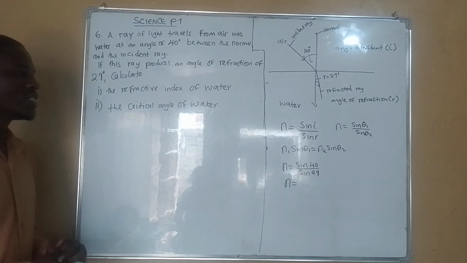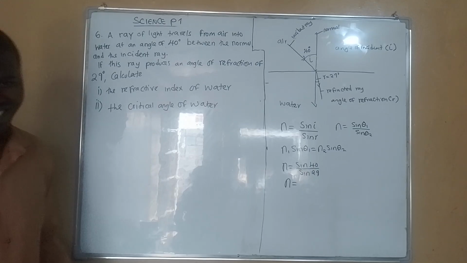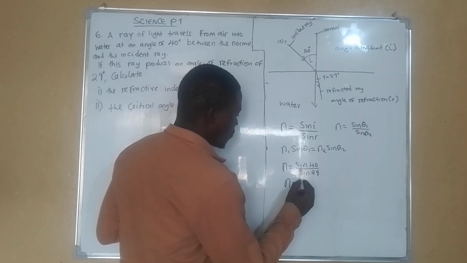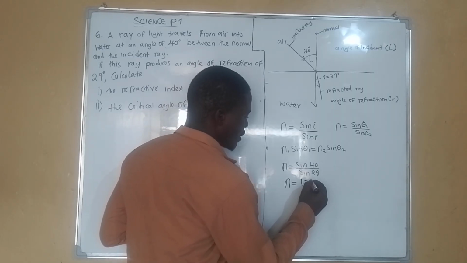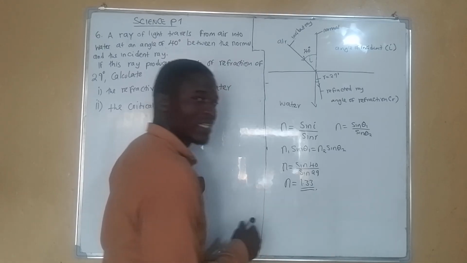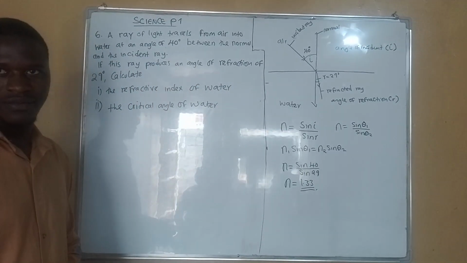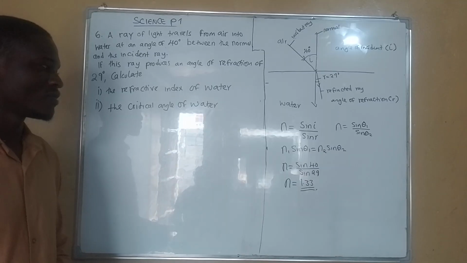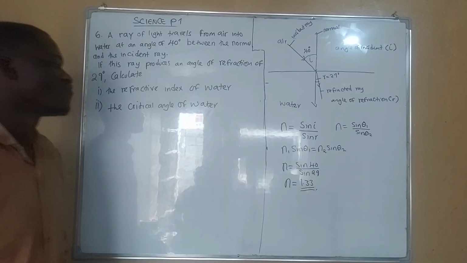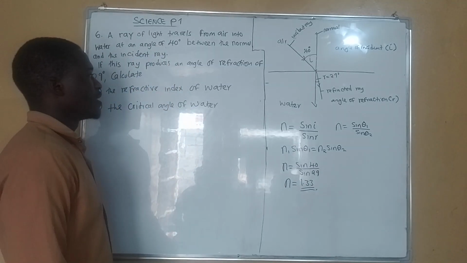Sine 40 degrees divided by sine 29 is 1.33. So this is it, the refractive index of water. Is it okay? Simple, right? We are done with this one.